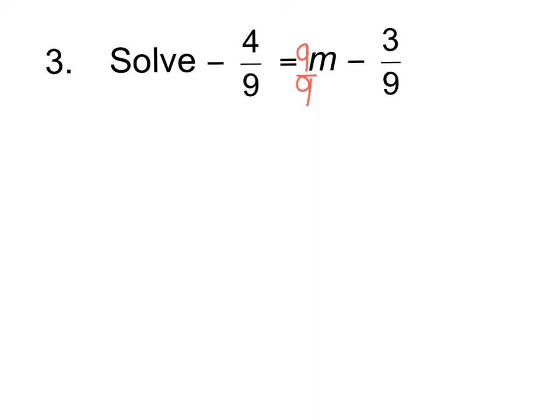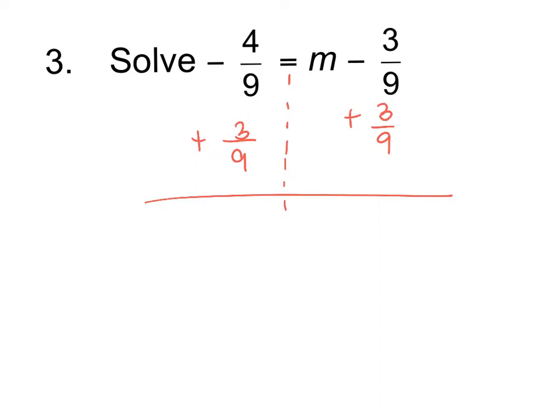That part would be a little bit more complex than if you realized that, if you're trying to get m by itself, I really don't have to worry about doing anything to m except what? Get rid of that minus 3/9 by adding 3/9 to both sides. When you do that, you get m is equal to negative 4/9 plus 3/9, which is 1 over 9.